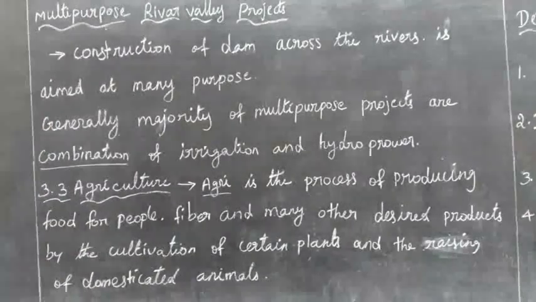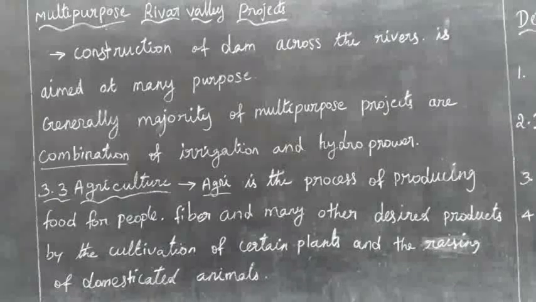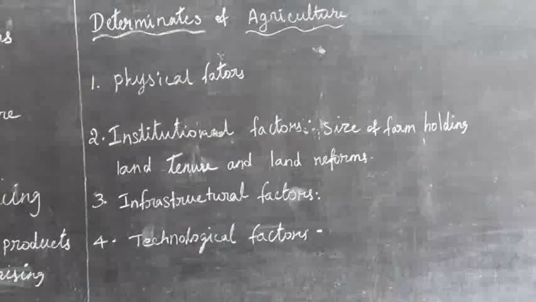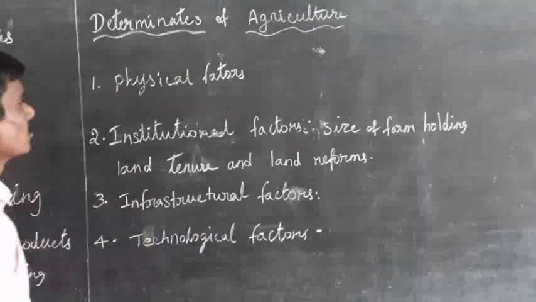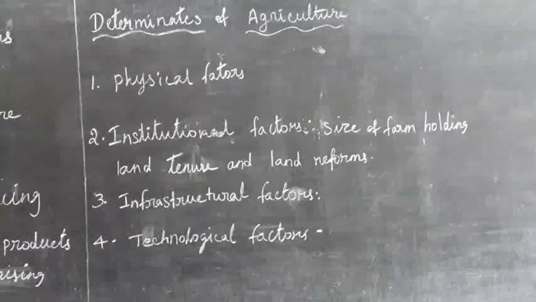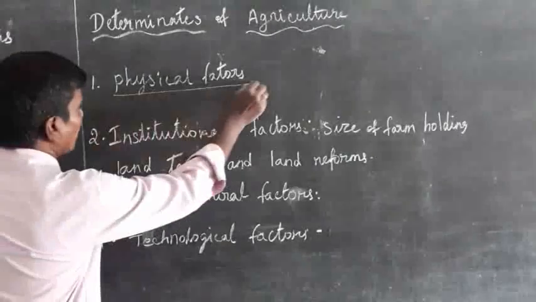Next one is the determinants of agriculture. There are mainly four major factors. One is the physical factors.